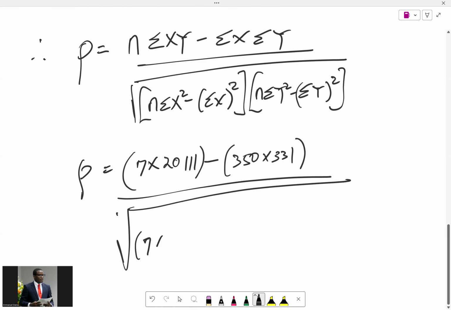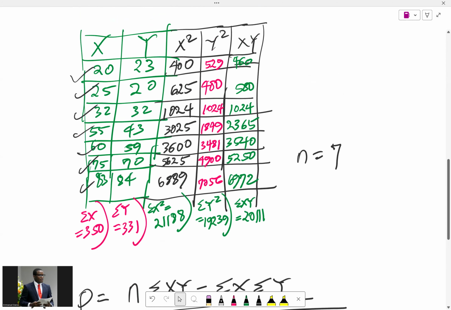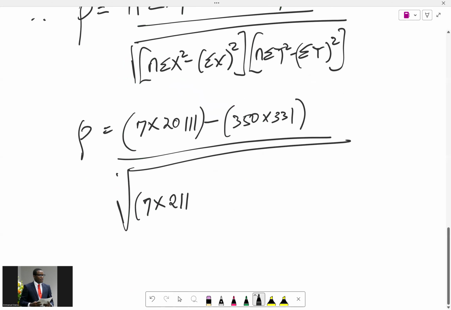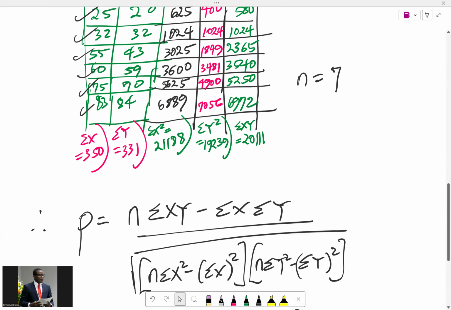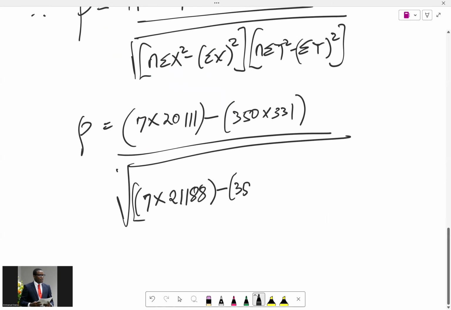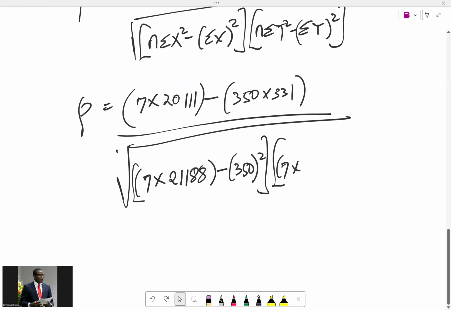again 7 times summation of x squared. Summation of x squared is 21,188, minus summation x alone, that's 350 all squared, into the other one again, 7 times summation y squared.